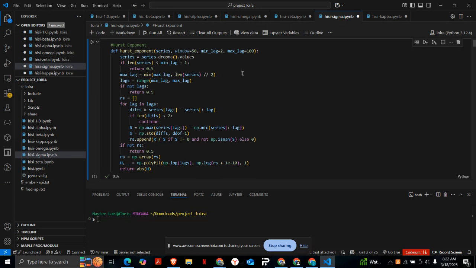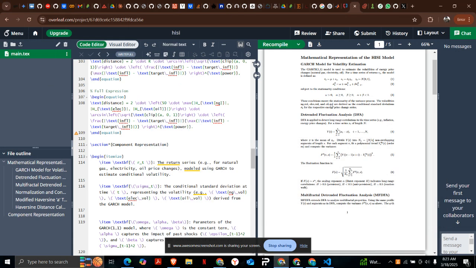If the Hurst exponent is less than 0.5, then it indicates anti-persistence, or that the time series has a mean-reverting nature, where the values tend to revert to the long-term mean. You will note this is actually true for energy prices. Energy prices tend to have a Hurst exponent which is less than 0.5. I will share that later on.